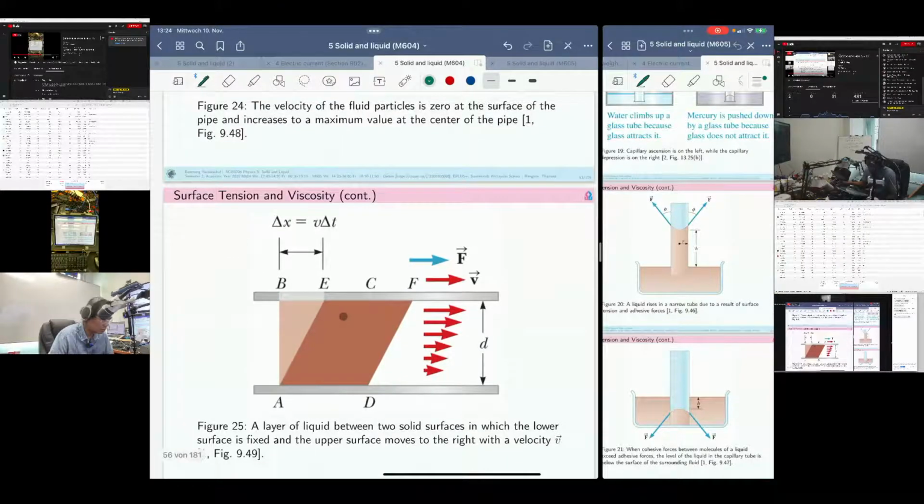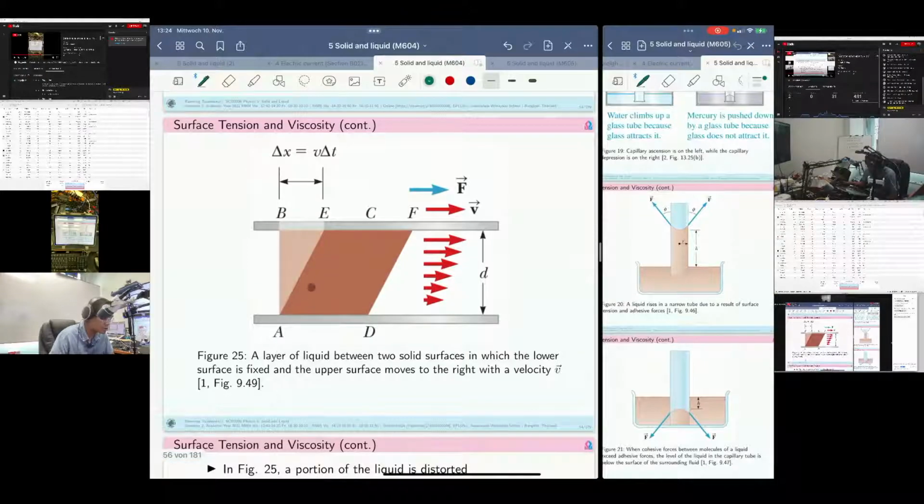Let's get into the formula, right? This structure is a layer of liquid between two solid surfaces in which the lower surface is fixed and the upper surface moves to the right with the velocity v. So assume that we have a very sticky fluid, and we attach this part of liquid to the surface AD, and before that you are at BC.